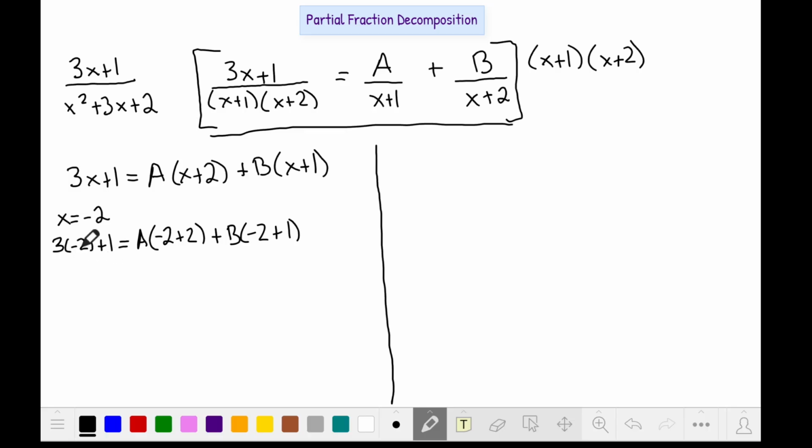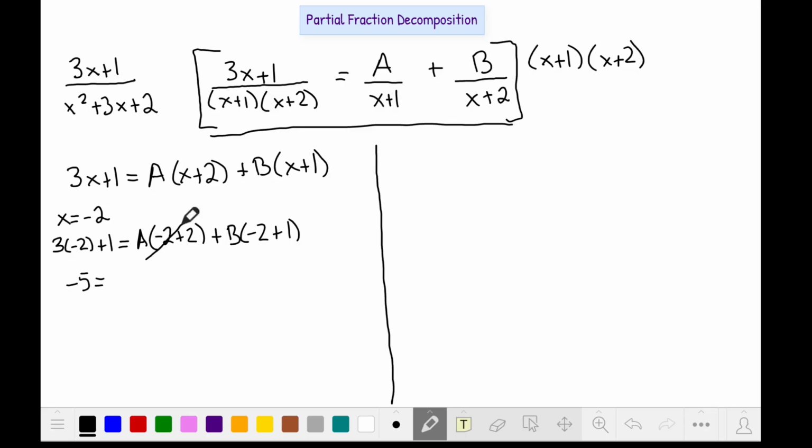So on the left-hand side, we're going to have 3 times minus 2, which is minus 6. Minus 6 plus 1 gives me minus 5. A is going to be times minus 2 plus 2. Well, that's just 0, so that completely wipes this out, right?